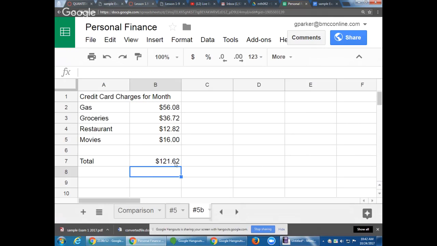So there's my total. Now that I know my total, that's my current balance, I can calculate the interest. I'm going to call it interest amount this time, same thing as interest paid. That's simply take your balance and multiply by the rate. Now what's my rate here?